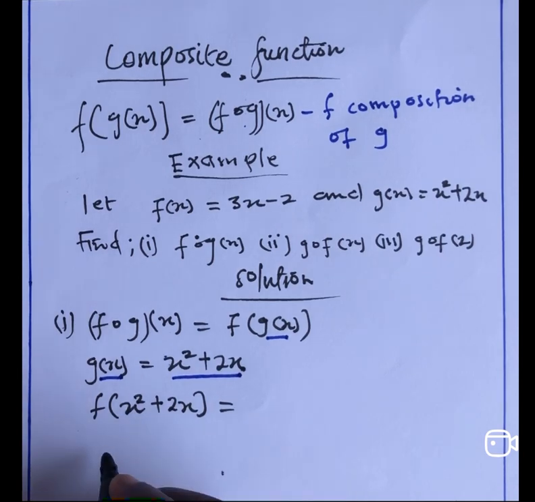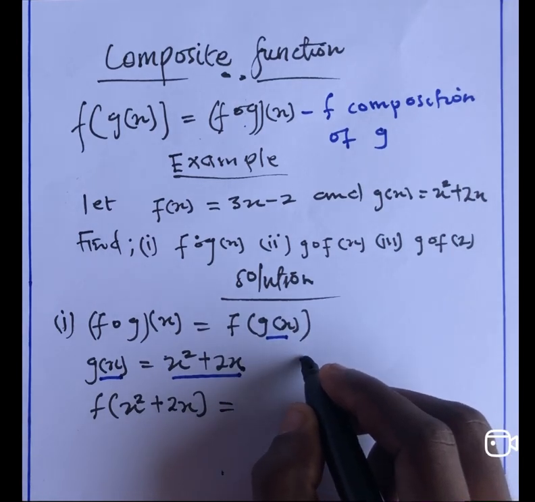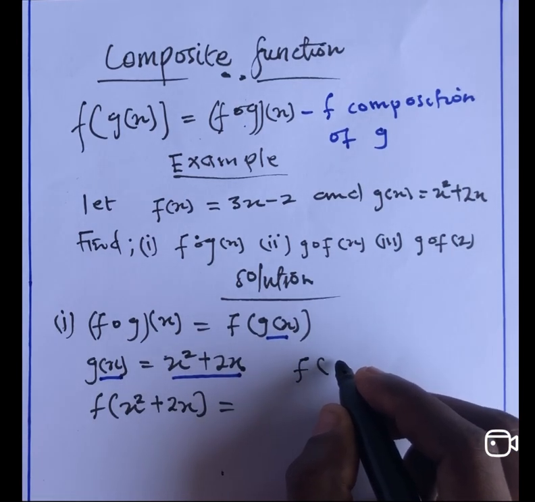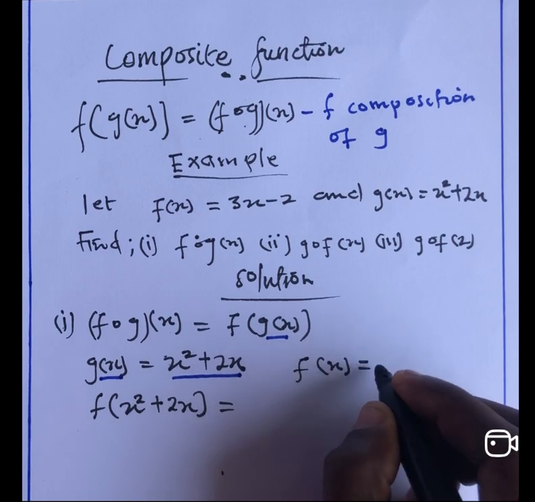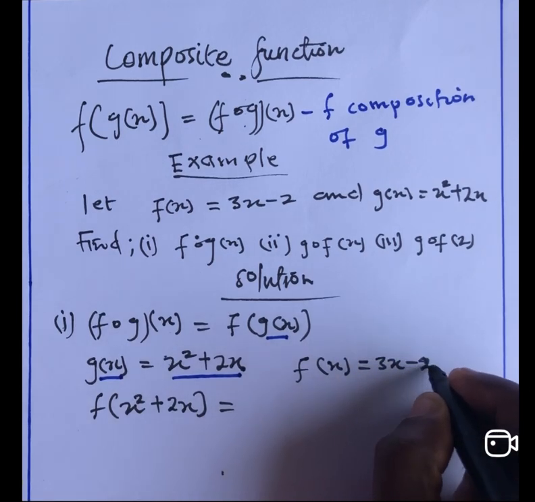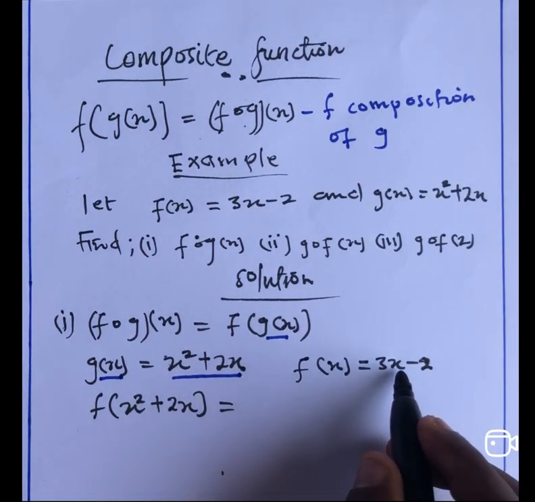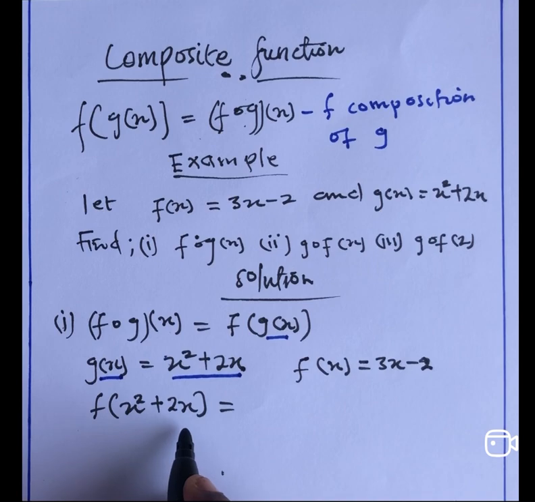So I know that the f of x function is giving us 3x minus what? 2. Is that okay? So wherever I see x, it's now x squared plus 2x.